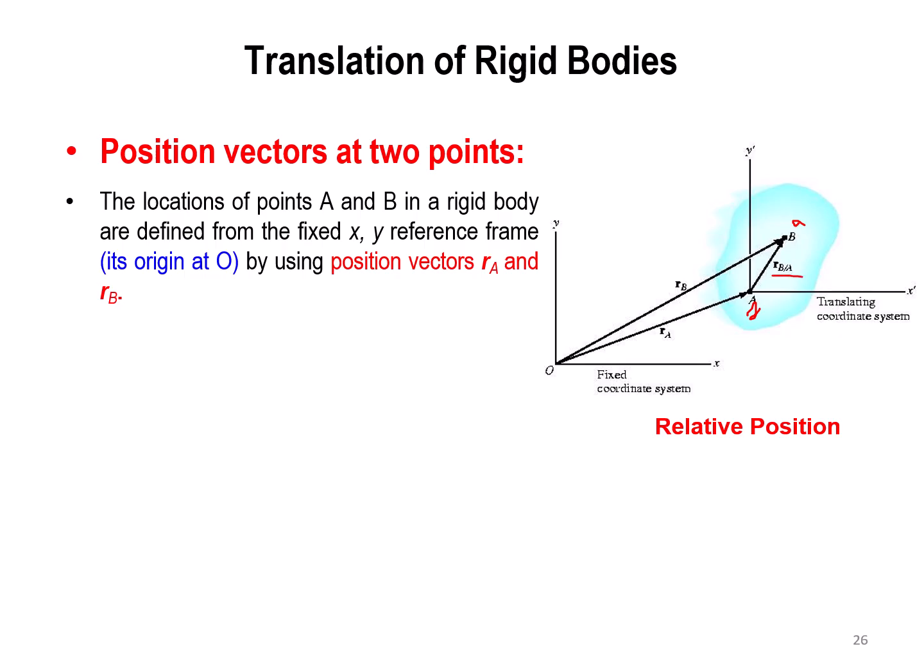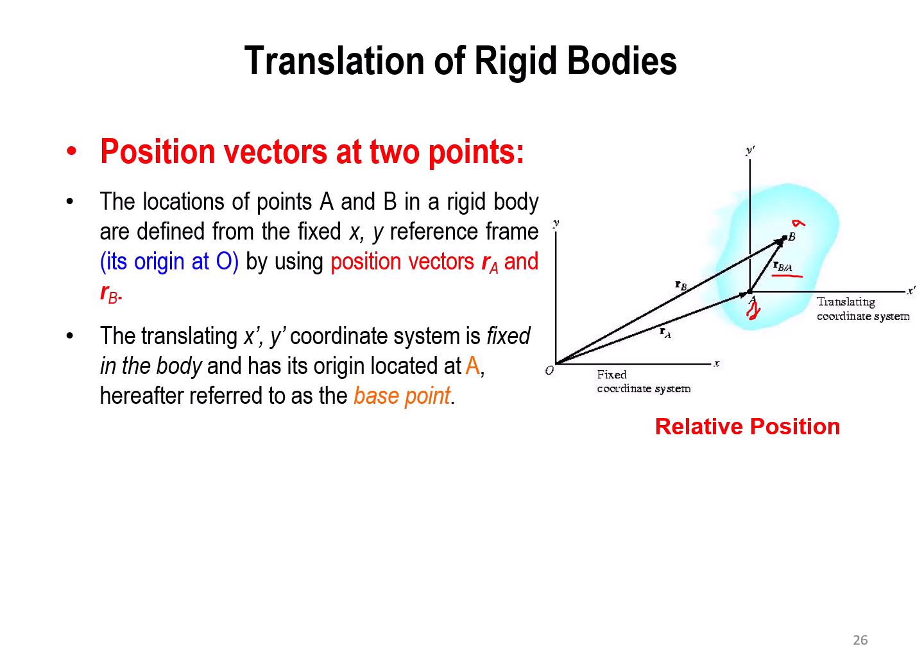So we're going to have RA and RB, and we can have the vector RAB as what you can see here. The next step is that the translating x prime, y prime coordinate system is going to be fixed in the body and has its origin located at A, hereafter referred to as the base joint.